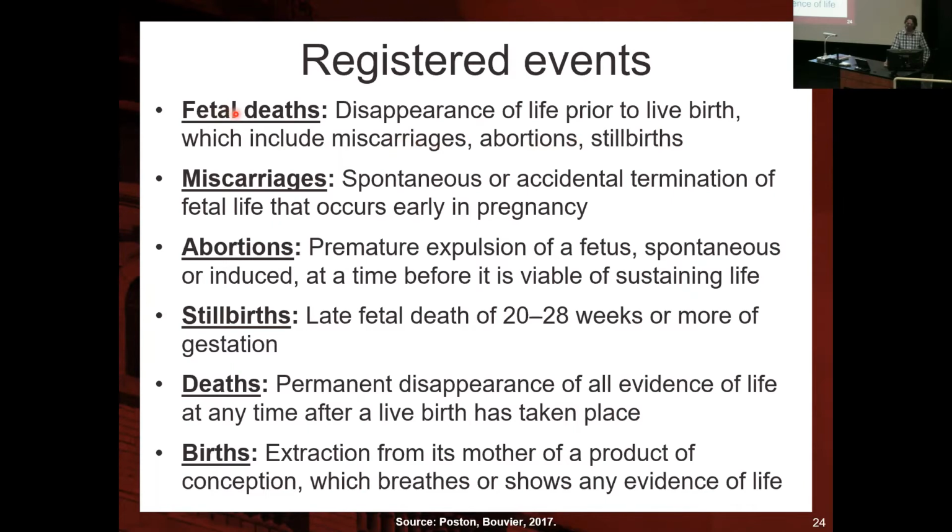Miscarriage is the spontaneous or accidental termination of fetal life that occurs early in pregnancy. Abortion is the premature expulsion of a fetus, spontaneous or induced, at a time before it is viable of sustaining life. Stillbirths are late fetal deaths of 20 to 28 weeks or more of gestation.